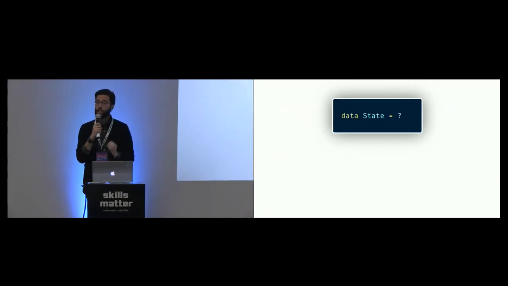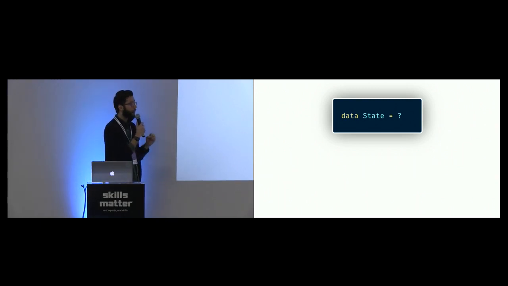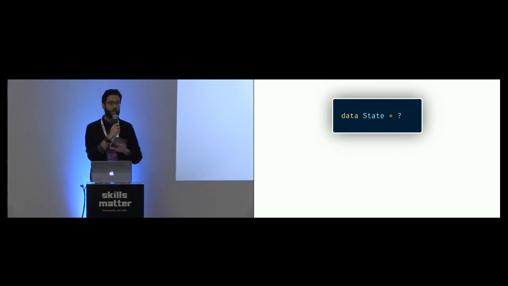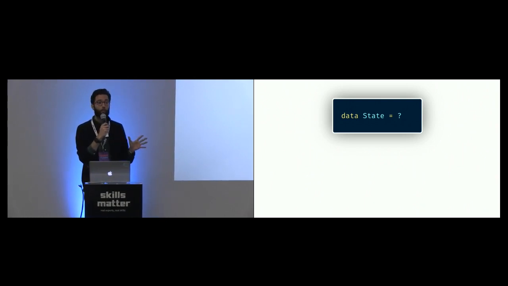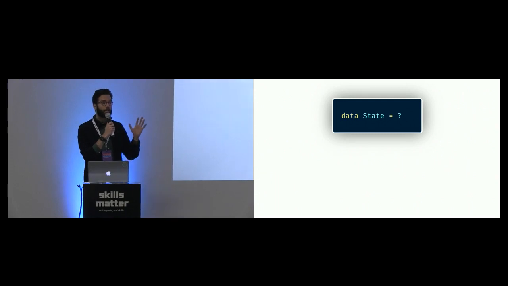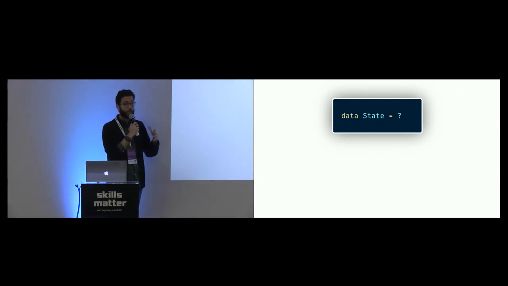Now, before going any further, we must decide what our state will be. In the Elm architecture, we have only one state for the entire application. So before writing any part of the implementation, we must come up with a type that will contain all the information that we would care about for the whole lifetime of our application.